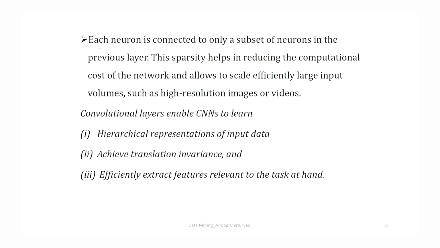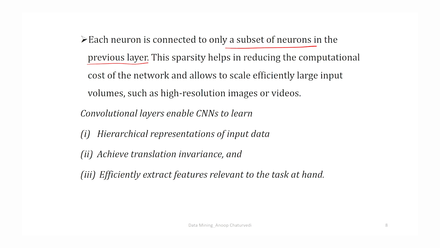Then each neuron is connected to only a subset of neurons in the previous layer. So, it is not like a multi-layer perceptron where each neuron is connected with all the neurons of the previous layer. Here, a particular neuron is connected to only a subset of neurons in the previous layer, and this sparsity helps in reducing the computational cost of the network.